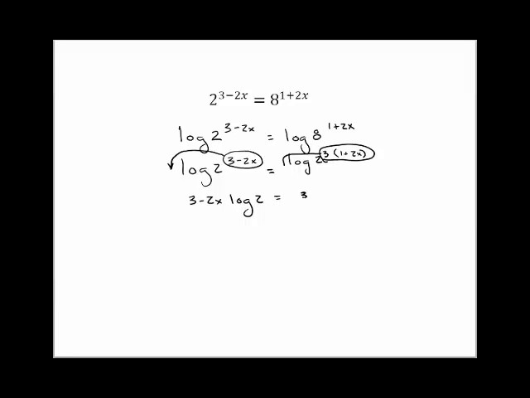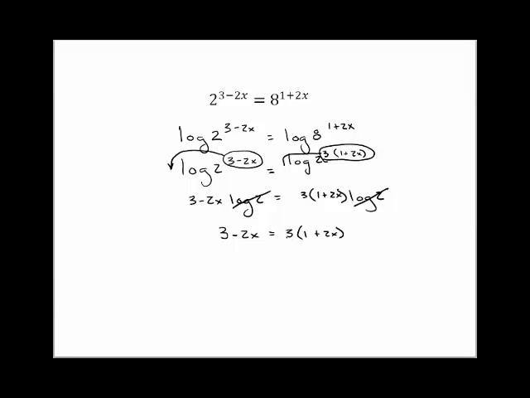And we've got 3 times 1 plus 2x times the log of 2. Those cancel out, right? Because it's the same thing on both sides. So now I've got a much easier equation to work with. 3 minus 2x equals 3 times 1 plus 2x.